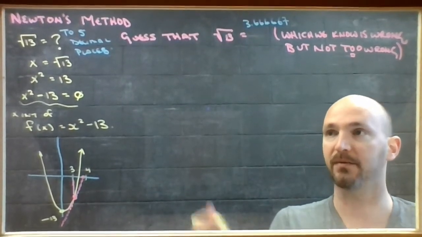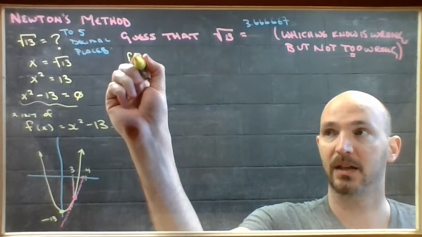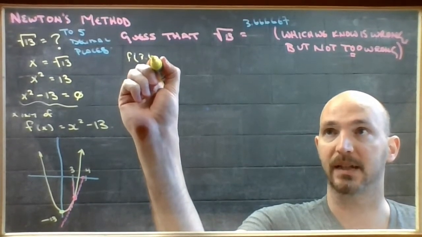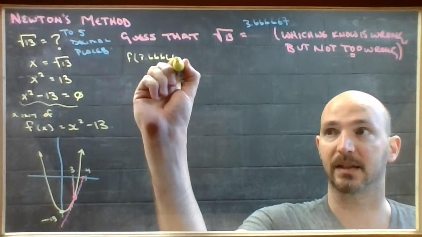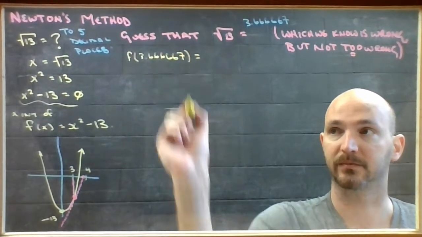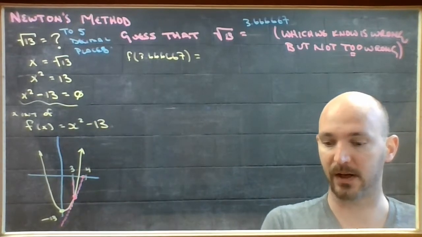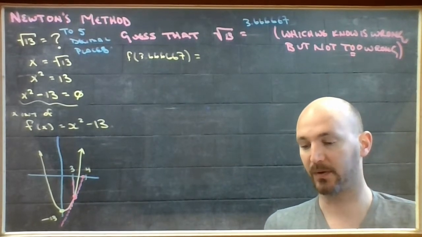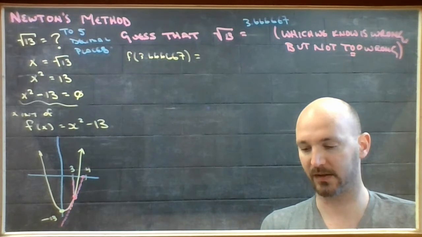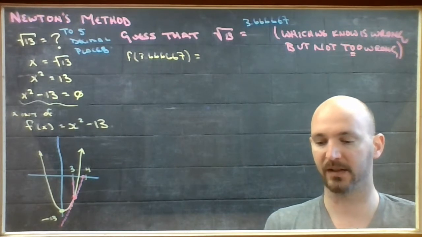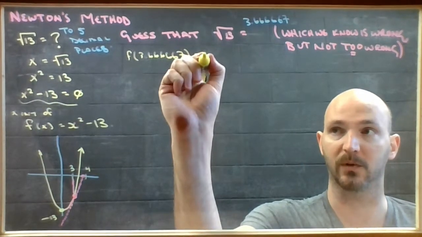So first off, I need the function at 3.66667. I would get that by taking this number and squaring it. So 3.66667 squared minus 13 gives me 0.444444.